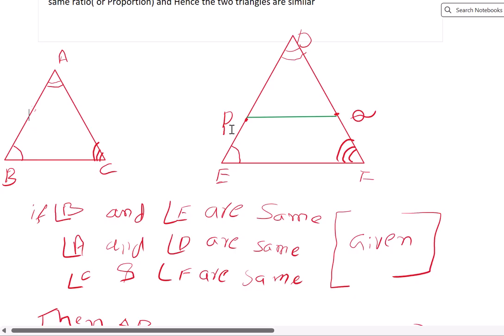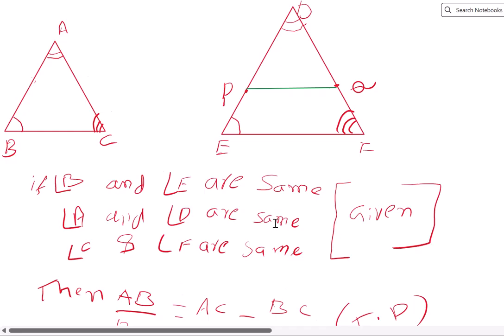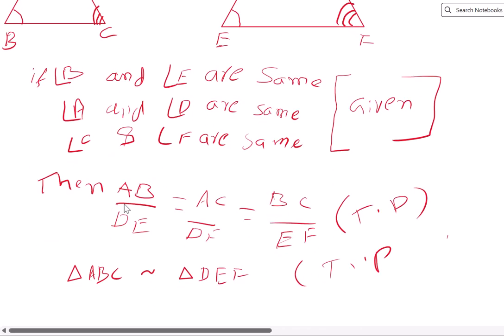So what is given? The given is angle B and angle E are the same. We already saw angle B and angle E are the same. Angle A, angle D, angle C, angle F are the same. This is the given. And then what we need to prove?